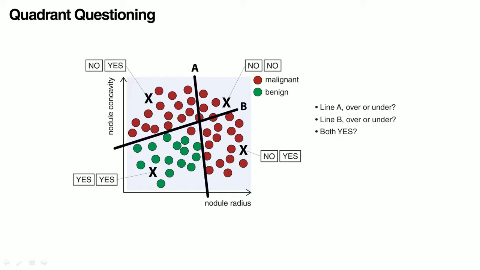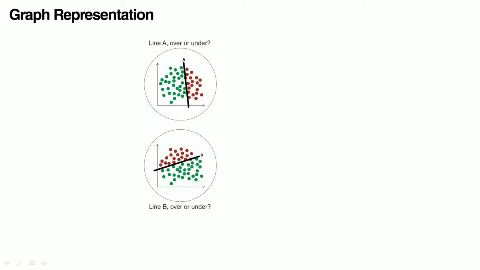Now let's take this and represent this model in a graph format. And so what we'll do is put each line in a node on its own, with each node essentially asking a specific question: line over or under.